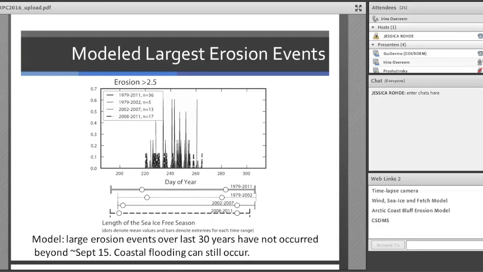I want to make a note though that that's true for bluff erosion. Of course, there's still coastal flooding in that period, and water can be set up really high, so it's not as if there's no impacts from these late fall storms. It's just that the bluff erosion is not as efficient that time of year. Definitely in the barrier settings, this is an important time of year, and this model would look different for sand transport than it does for the melt model.